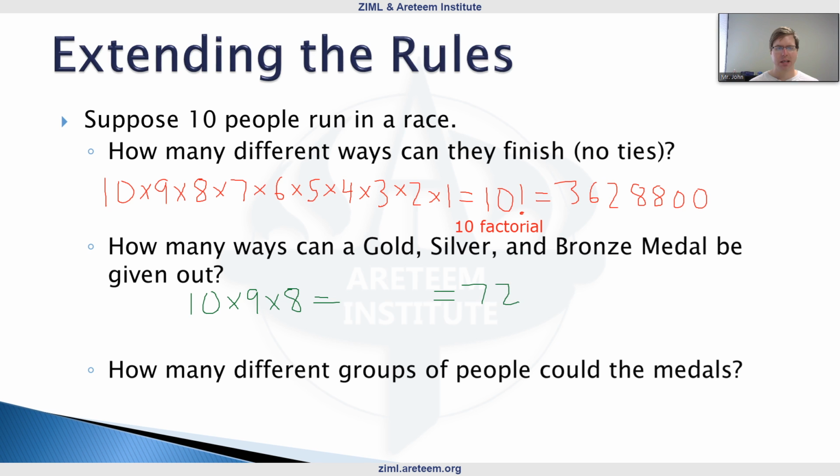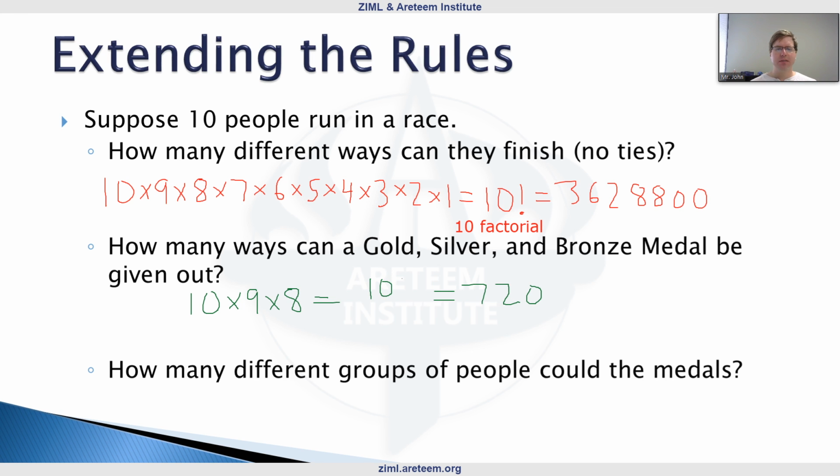That's perfect. And now again, you want to be able to write this: what if we had 200 people and we wanted to give out 22 medals? Is that question really any harder? No. Is it more annoying to write down? Maybe. And so that's why we want to get comfortable with these factorials.